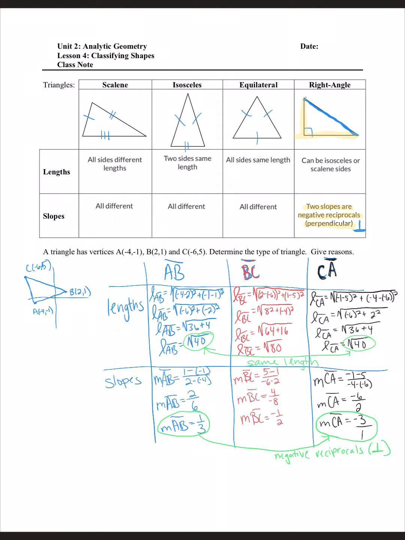So what can we conclude from calculating the slope and the length of all these?